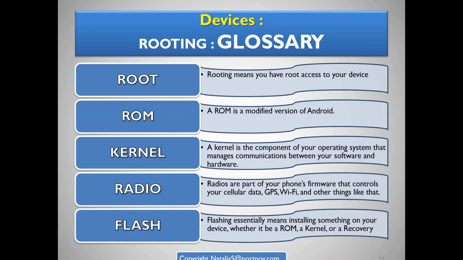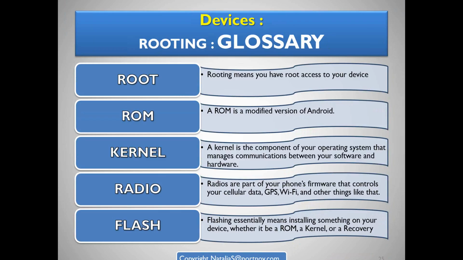Then we have one of the biggest terms that we are using in here, the kernel. The kernel is the component of your operating system that manages communication between your software and hardware. Radios are part of your phone firmware.